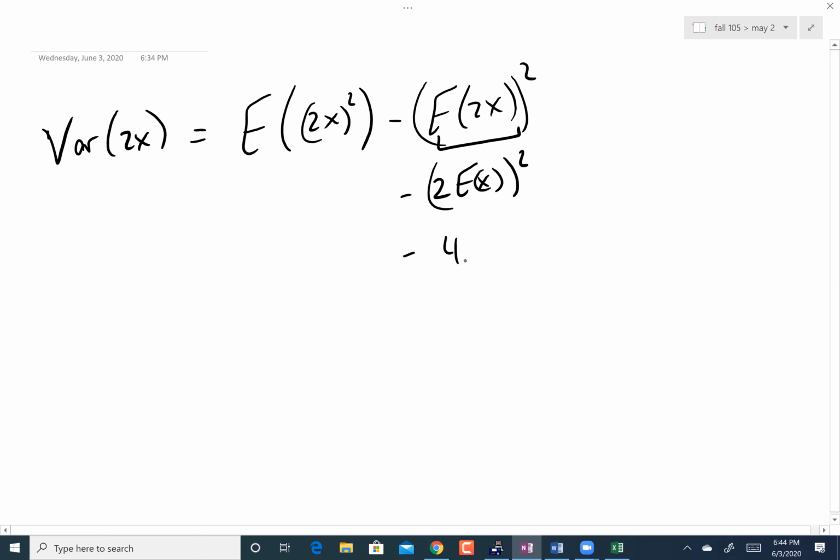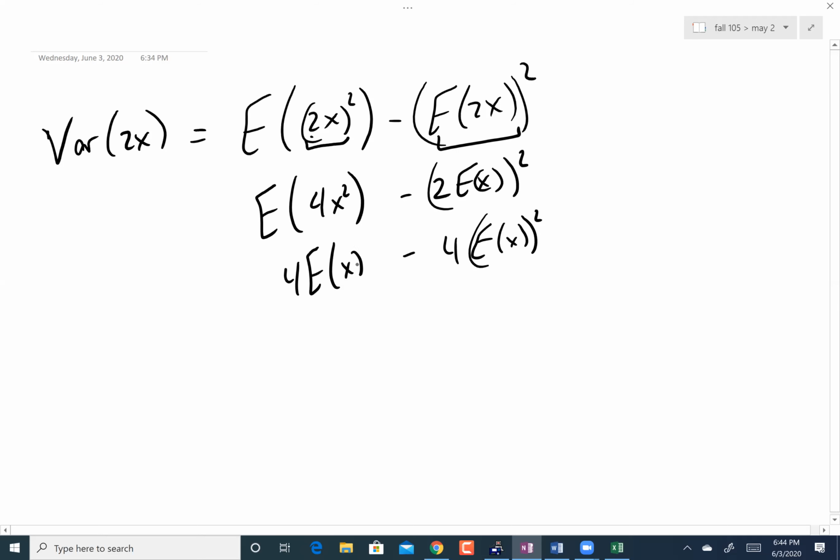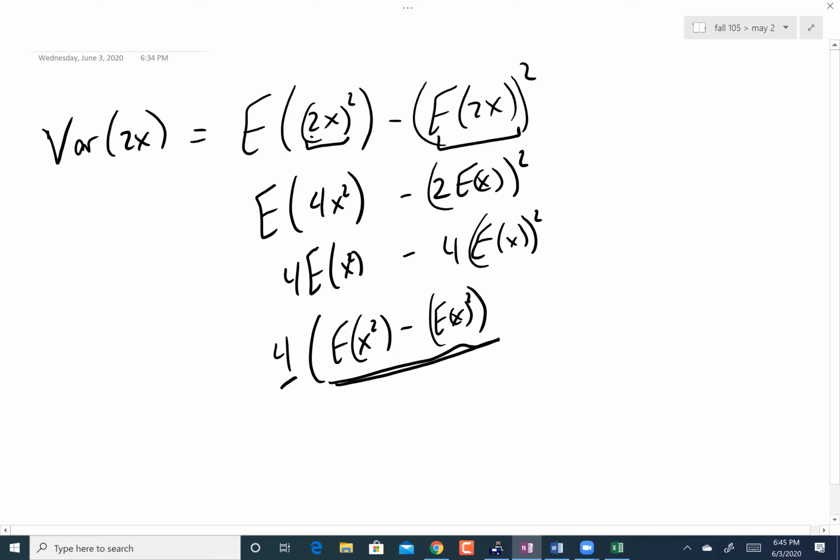So this is 4 times the expected value of x squared. And then this here is the same as saying the expected value of 4x squared, which is the same thing as saying 4 times the expected value of x squared. So they both have a 4. We pull that out, and lo and behold, you get this. And what is this? This right here is the variance of x. So it's 4 times the variance of x.